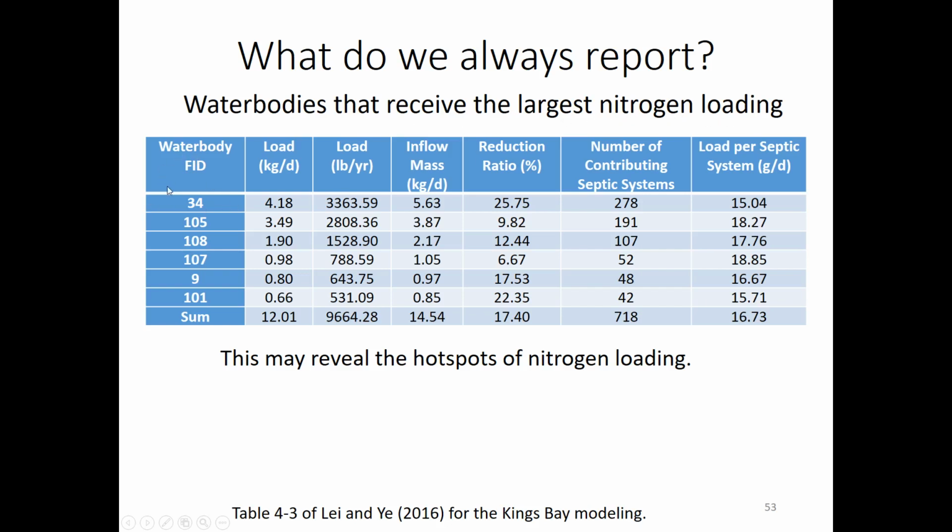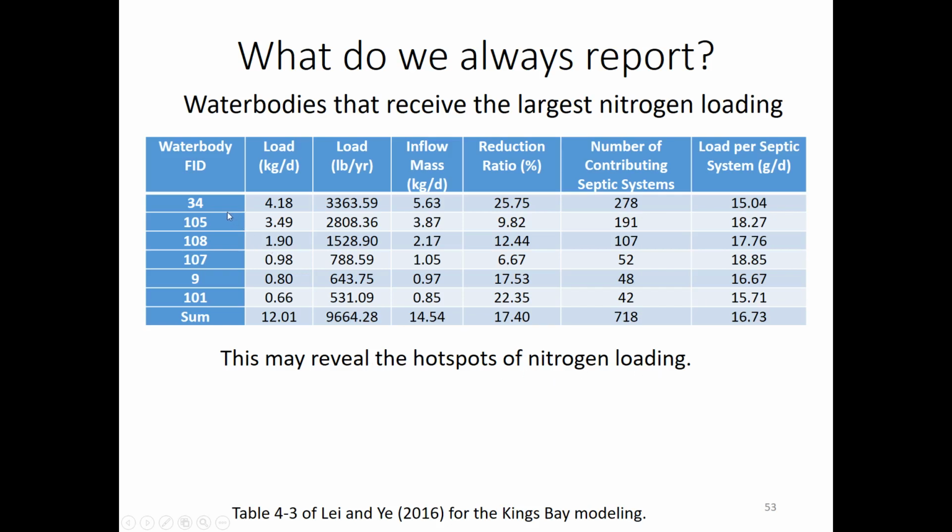So this is the FID of the water body, and those are loads in different units, the inflow rate, reduction ratio, number of contributing septic tanks, and load per septic tank. This is in gram per day, so you convert it into gram per day and divide by the contributing septic tanks. This will be the load per septic tank, right? This may be helpful to identify the hotspots of nitrogen loading.